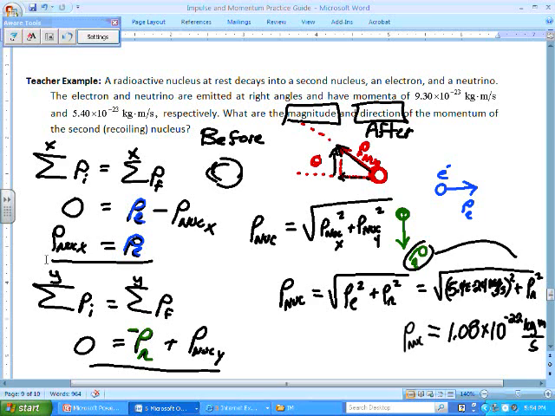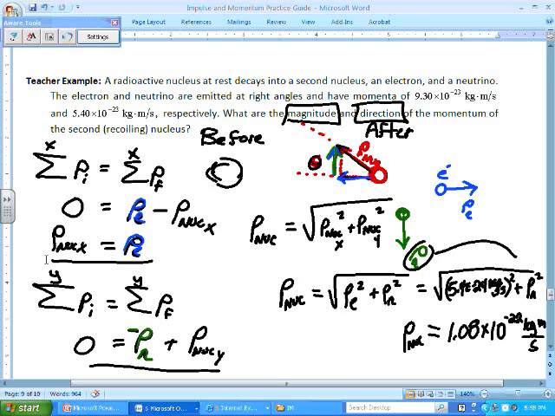Now the other piece, the angle, well, we can just use simple trig for that. Running out of space, but it looks like we have opposite and adjacent. Opposite would actually be this y component, which was the same as the neutrino, and the x component is the same as the momentum of the electron.